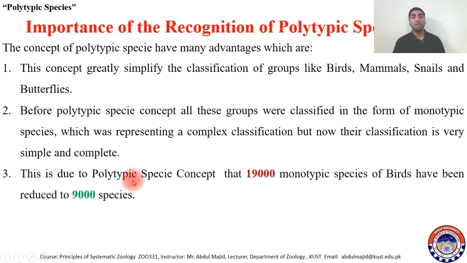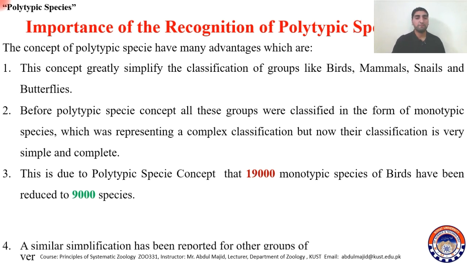For example, due to the polytypic species concept, 19,000 monotypic species of birds have been reduced to 9,000 species. This is actually important. 19,000 monotypic species of birds have been reduced to only 9,000 species. This is actually the very importance of polytypic species taxa.